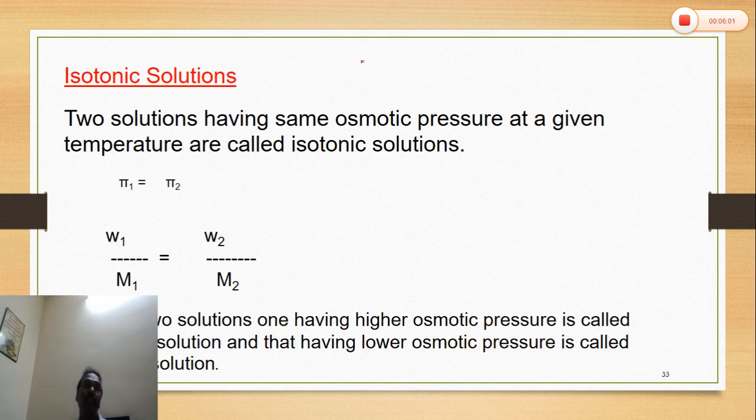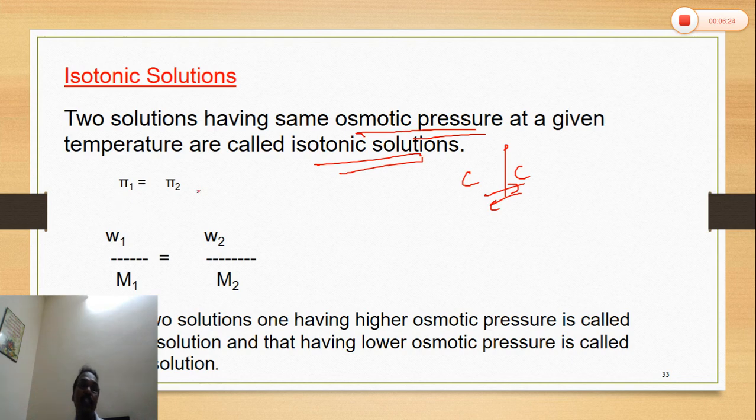Now, if two solutions have the same osmotic pressure, then such solutions are called isotonic solutions. If two solutions having the same osmotic pressure are separated by a semi-permeable membrane, they will not flow. There is no change.